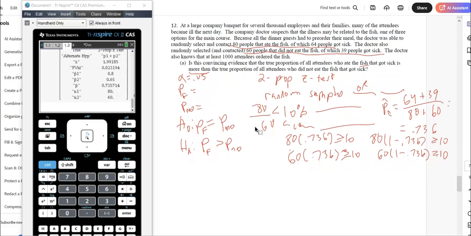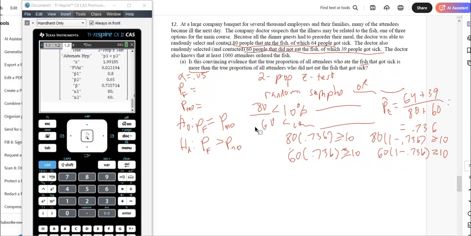Okay, then we do the do section. Well, we could do the do section, just write down the two things we know. Z equals 1.992. P-value 0.0232. Okay, you could also do your z-score, right? So z equals, subtract the two proportions there.